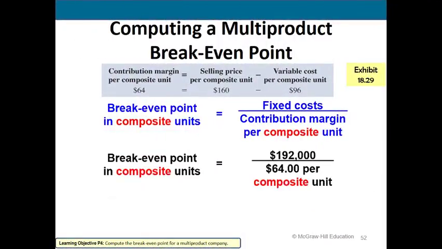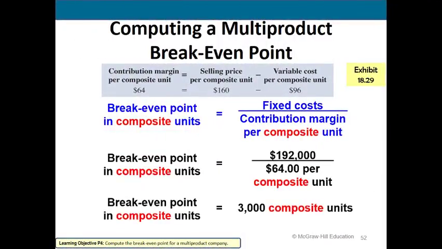Now, next you're going to take that $64 and divide the fixed costs of $192,000 in this example by your contribution margin per composite unit of $64.